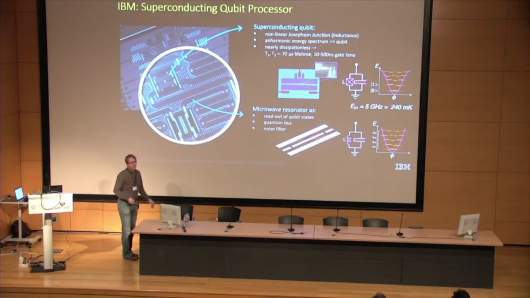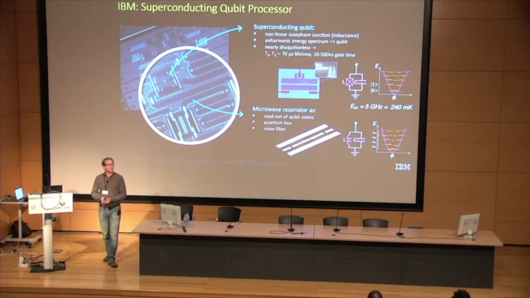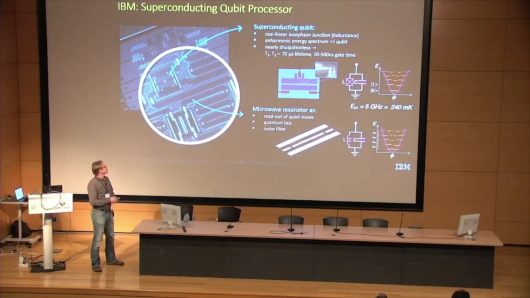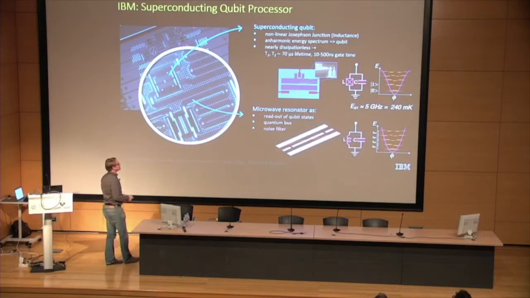So let me start off, because not all of you might know the exact details of the superconducting qubit platform. Just in brief, we have two basic elements contained in this platform. We have a qubit and we have a resonator, and you can see both as harmonic or anharmonic oscillator systems.